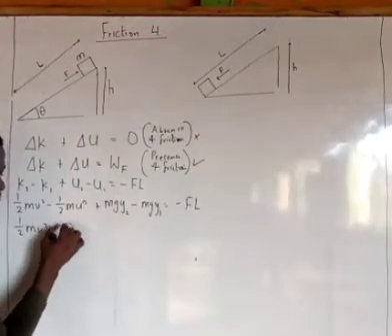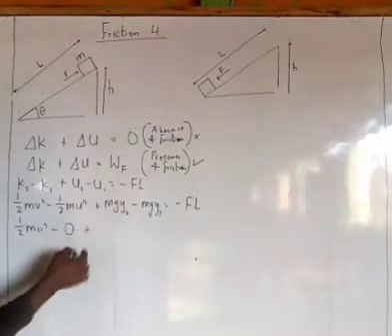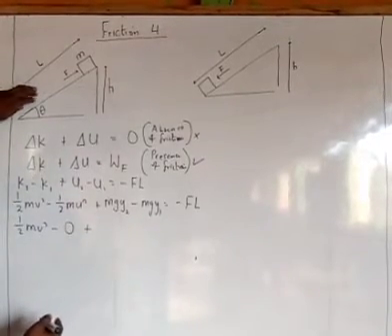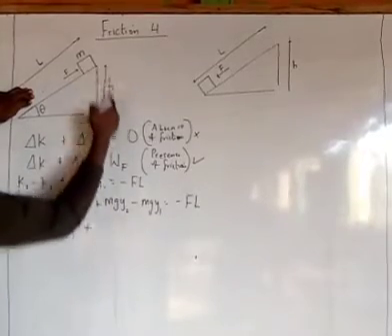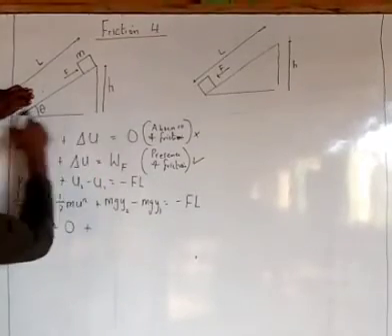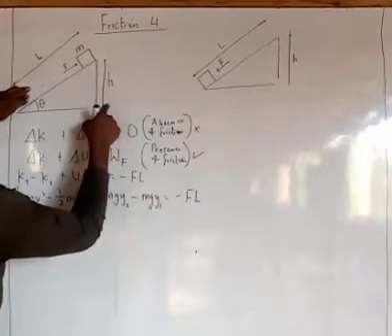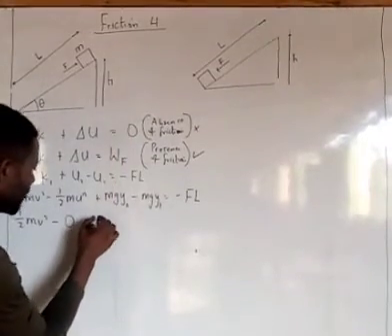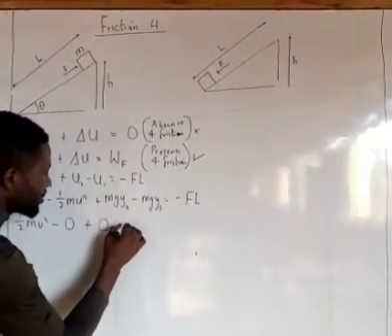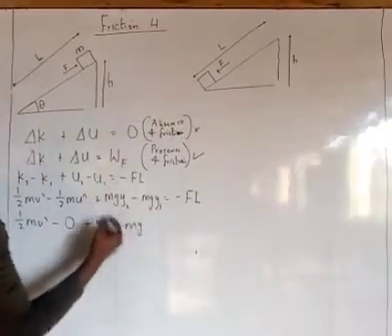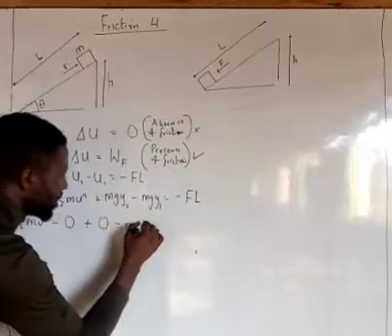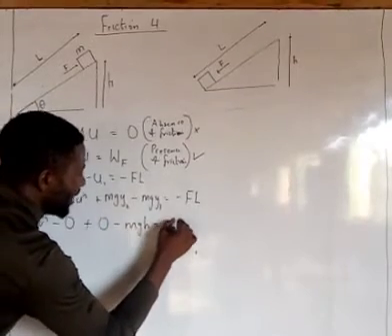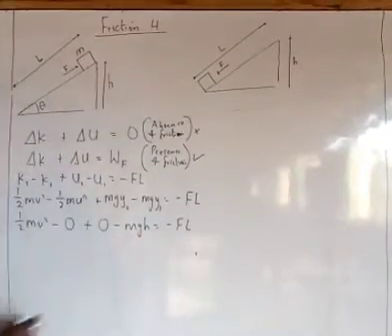So everything here will be 0. Plus mgy2, that is the potential energy when the body is here, and of course the height y2 will be 0 here. When you trace it here, it will be 0. And everything here will be 0. Minus mgy1. y1 is here. When you trace it like this, it is h. So we change it to h, and that is minus FL.